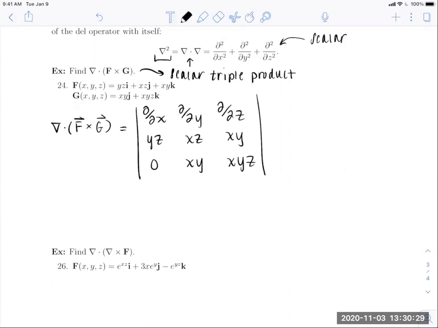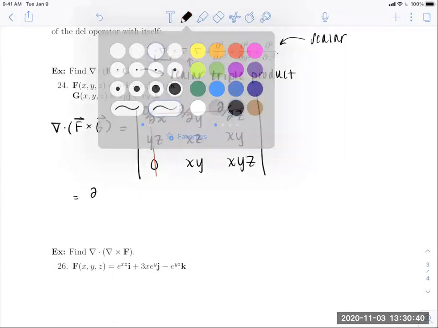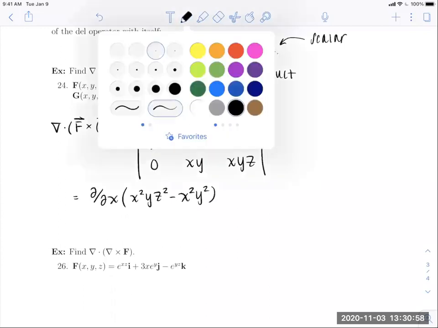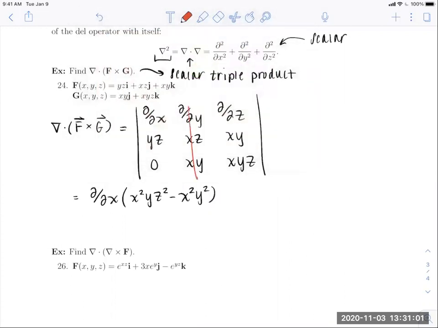I'm going to actually be really careful about writing this out. So I'm going to write this as, first I'm going to strike through the del x row and column. And so I'm going to write that del x notation. And then I'm going to take the determinant of the cofactor matrix. So I get an x squared yz squared minus an x squared y squared. And now I'm going to move on to the next term. If I expand across the top row, I have the del y.